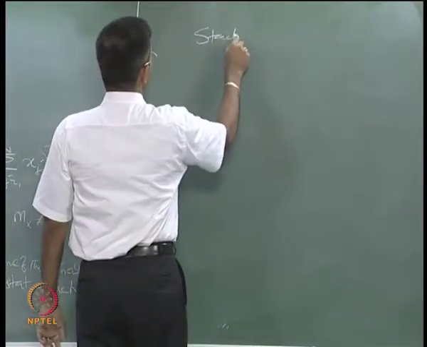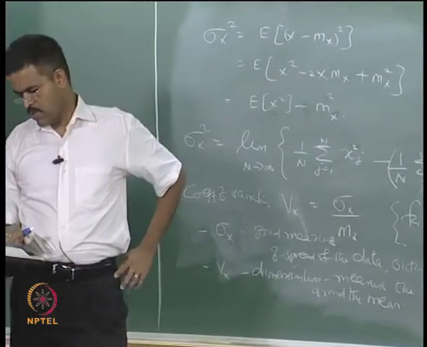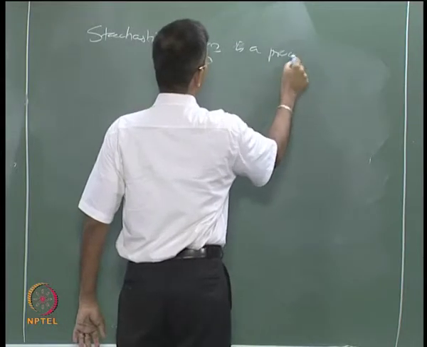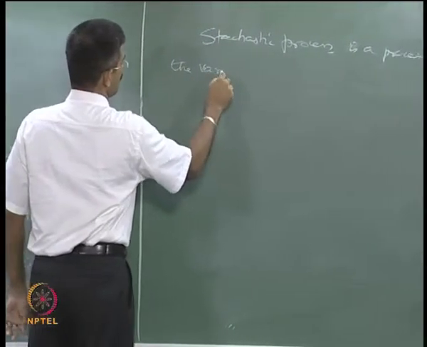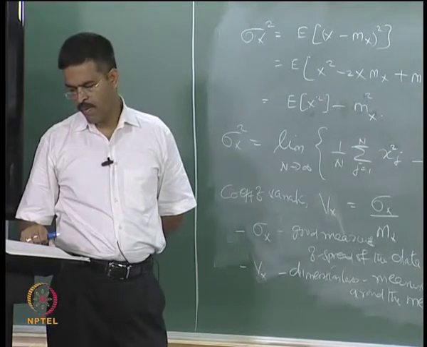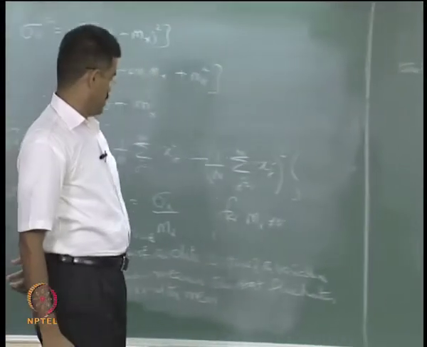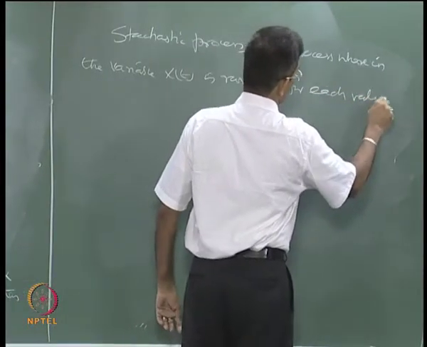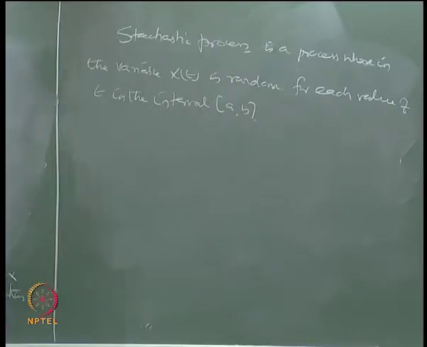Therefore, a stochastic process is a process wherein the variable x of t is random for each value of t in the interval of a and b.